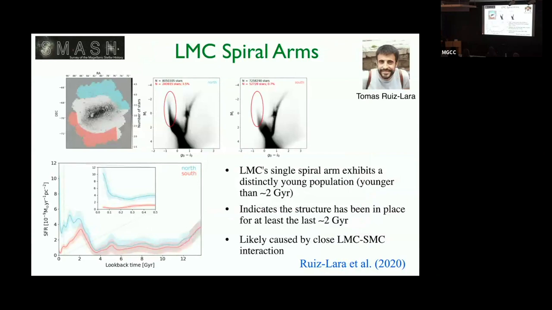And Thomas looked at that region versus the symmetric region on the left side, the red region, and found that they have a very different star formation history. The blue down here has a very high star formation rate for the last 2 gigayears, and it seems that that structure has been pretty stable and in place for about 2 gigayears, and likely caused by close passage of the clouds with each other.